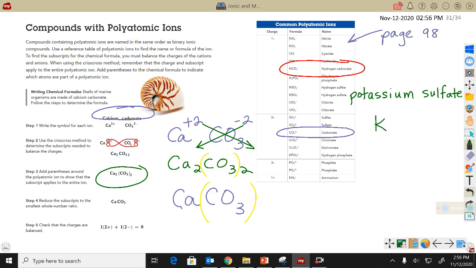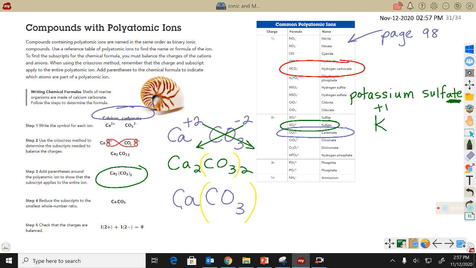Potassium is K. It's in the first group. And everybody in the first group is +1, or 1+. I notice that my second ion ends in ATE, so I gotta look it up. Sulfate, sulfate, sulfate. Here it is.